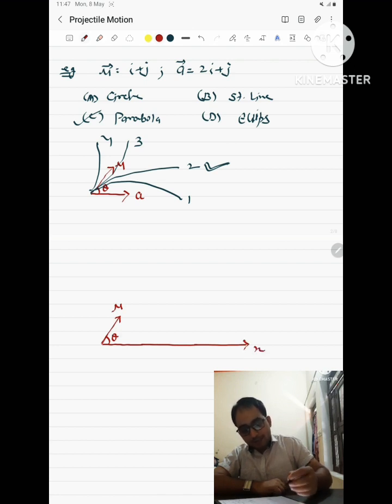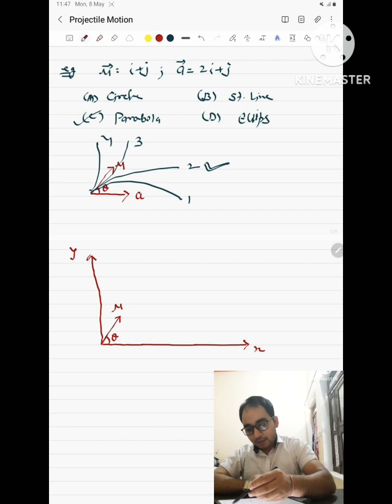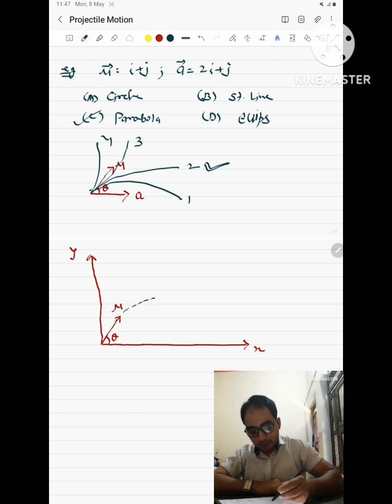Suppose this is our x-axis and this is our y-axis. So here we can decide the trajectory, and this will be like this. This is the origin O (0, 0), and this is the final destination of the particle.